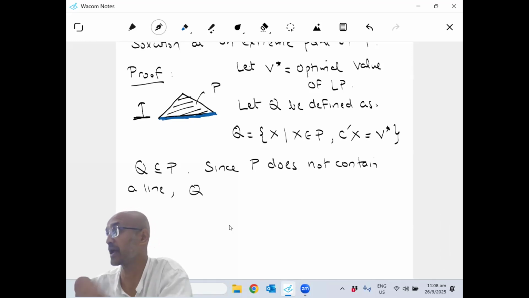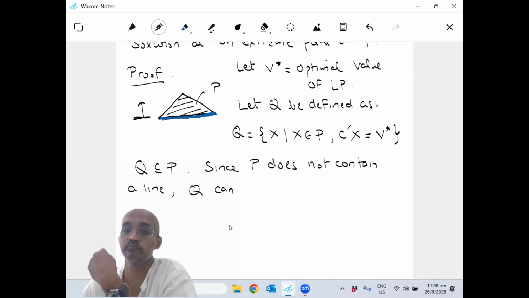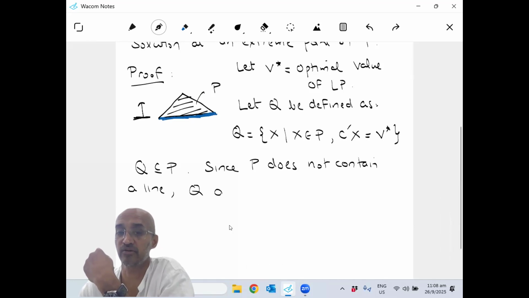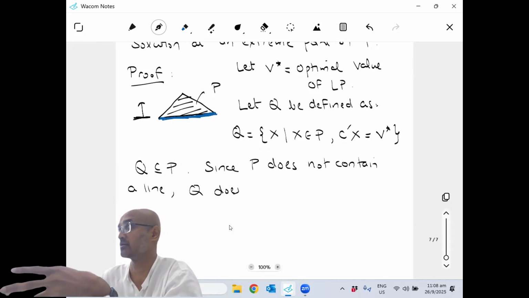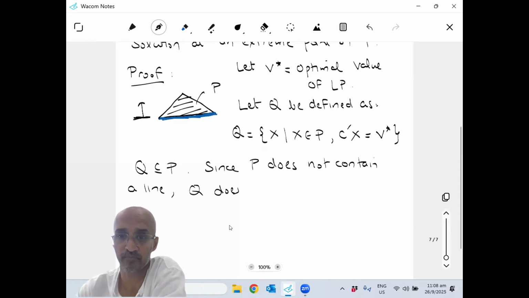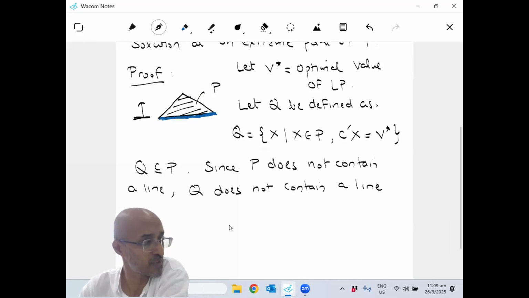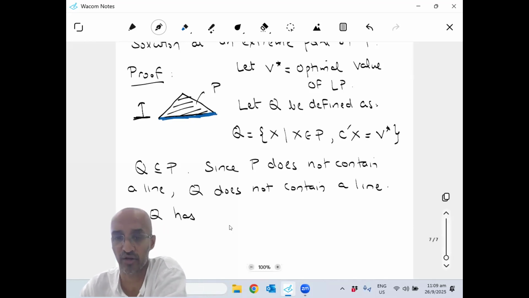Q also cannot contain a line. It's a subset, right? If a larger set does not have a line, a smaller set cannot have a line. Q does not contain a line, so that means Q has an extreme point. Therefore, Q has some extreme point.